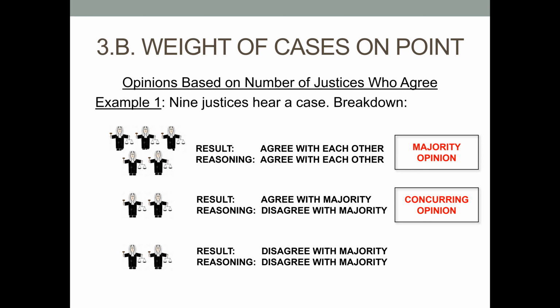But in any event, you have the final two justices disagreeing with the majority on both the result and the reasoning. They author their own minority opinion explaining what they think the proper result and, of course, the proper reasoning should have been, and that would be a dissenting opinion. So that's an example of how this would work.